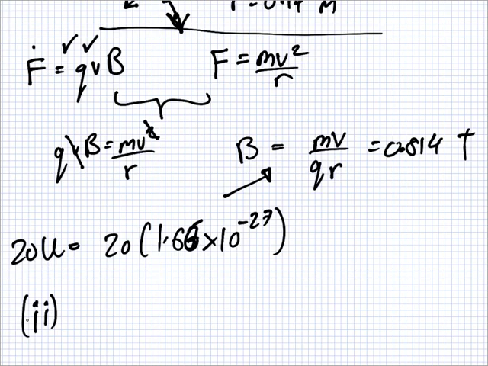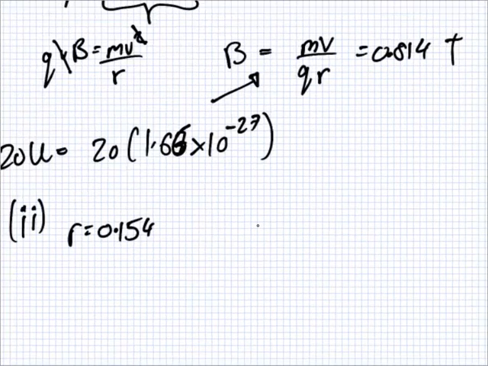Right, so now this next part's a little bit weird. What happens here, you have some ions of neon, but you don't know what ion it is.